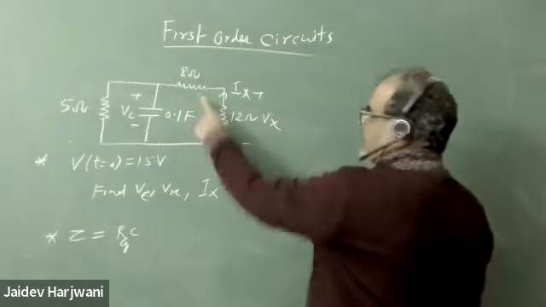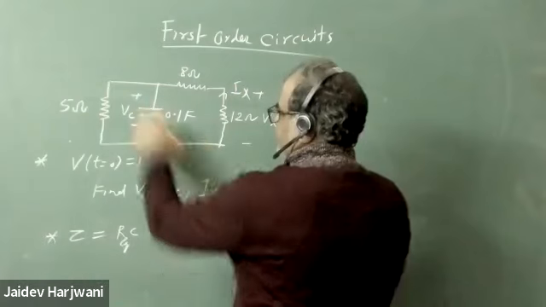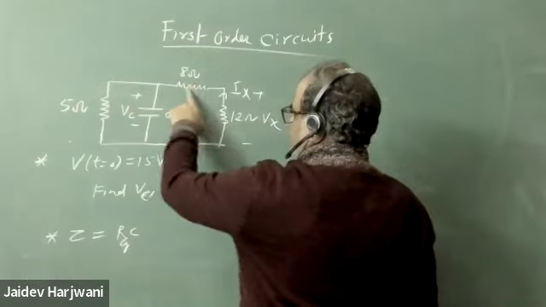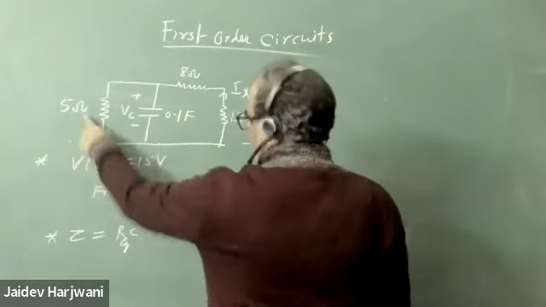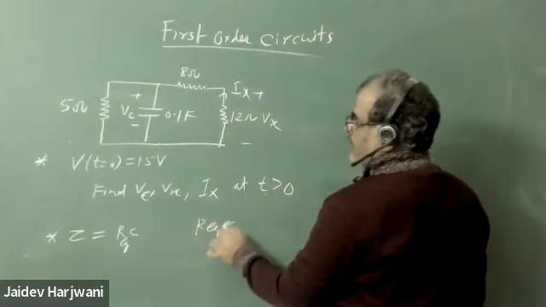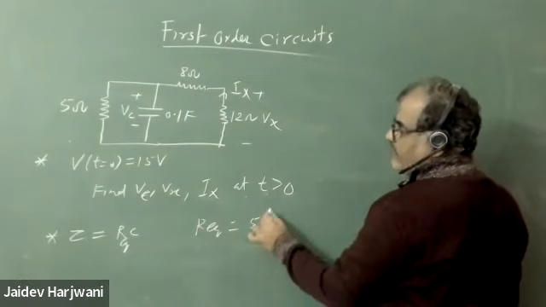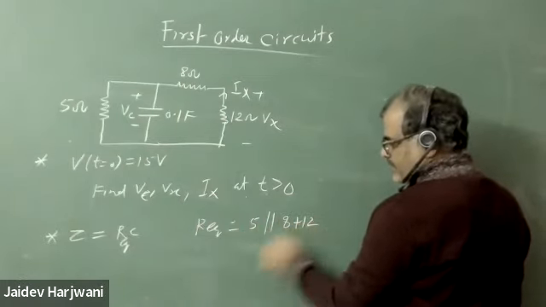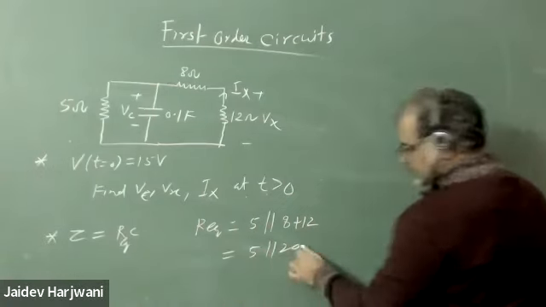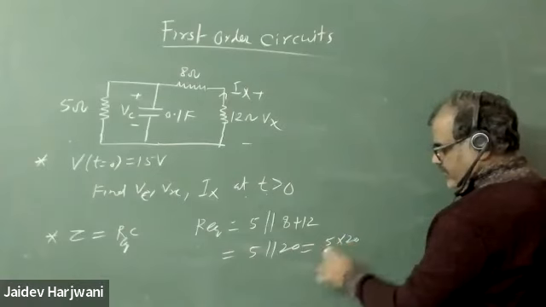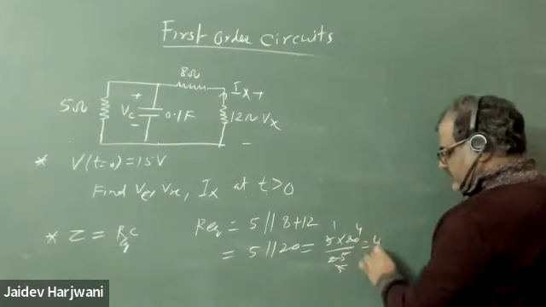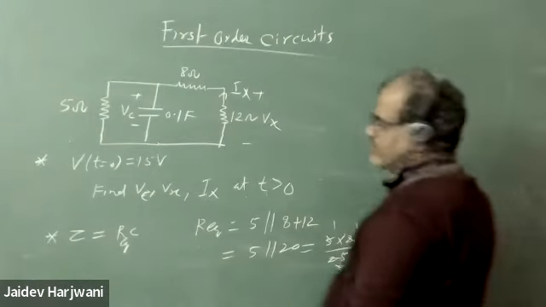If I open the capacitor, 8 and 12 are in series, so you get 20, and 5 is in parallel with that. So R equivalent is 5 ohm parallel to 8 plus 12, that is 5 times 20 upon 25, which is 4 ohm. R equivalent is 4 ohm.